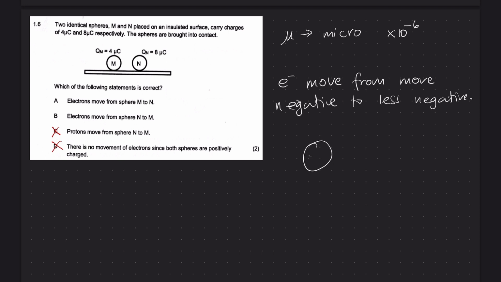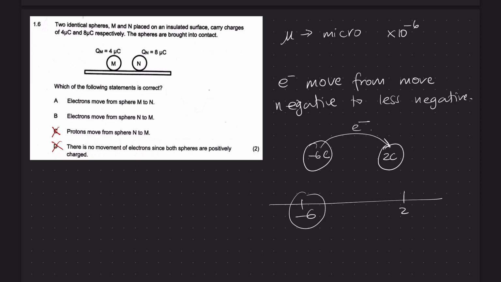If you had a charge of -6 coulombs and you had another sphere of 2 coulombs, -6 is more negative than 2. Why is it more negative than 2? Because if you think of a number line, 2 and -6, -6 is more on the left, so -6 is more negative. So the electrons will move this way.